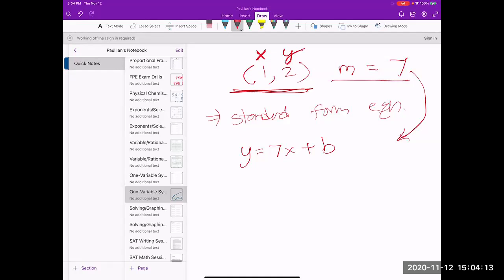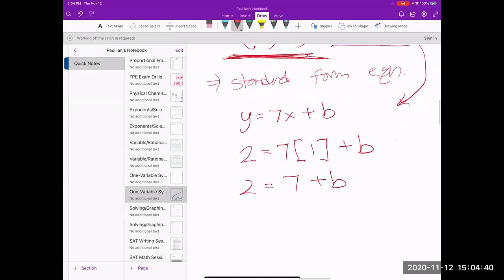Yeah. So these y and x are just these exact coordinates. They can be anything, but you're given one of them, so you might as well plug it in, right? Yeah. So 2 equals 7 times 1 plus b. Now you can actually solve for b, right? Yeah. Okay, so that's good.